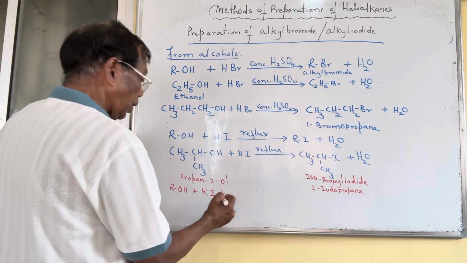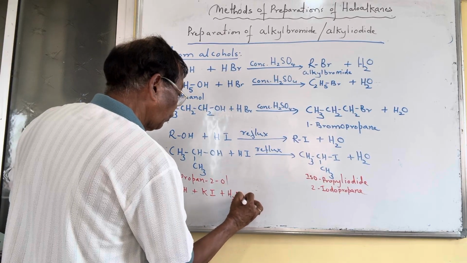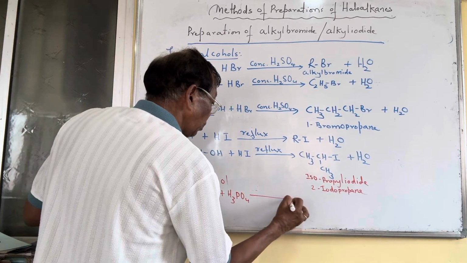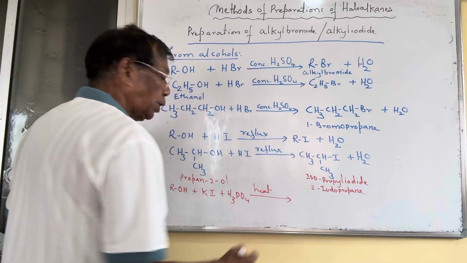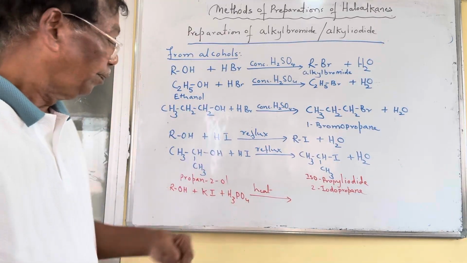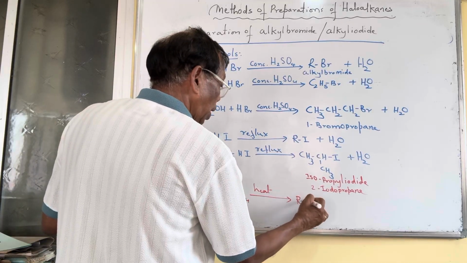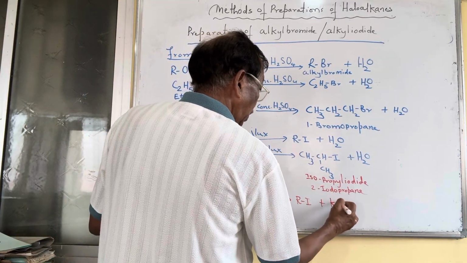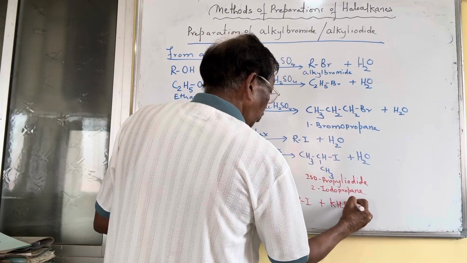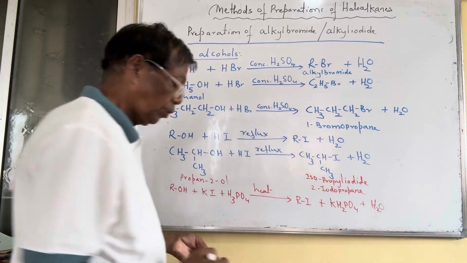If I use KI, you use phosphoric acid here. Remember again, this is also heat, and you know that heat can also be written as triangle. Now what will happen here? This will become RI plus KH2PO4 plus water.